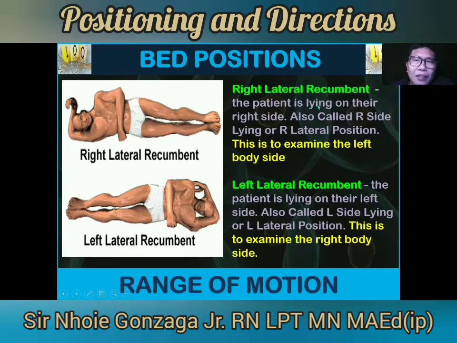The patient is lying on their right side. This is also called right side lying position or right lateral position. When you're lying on the right lateral recumbent position, the purpose of this is you will examine the left part of the body. So when you're lying on the right, you're actually exposing the left.